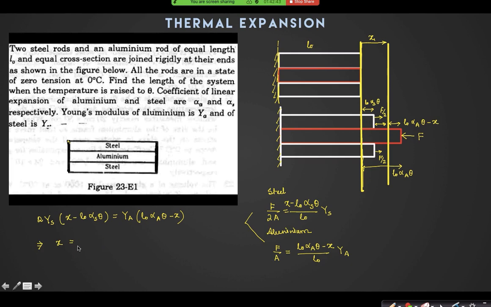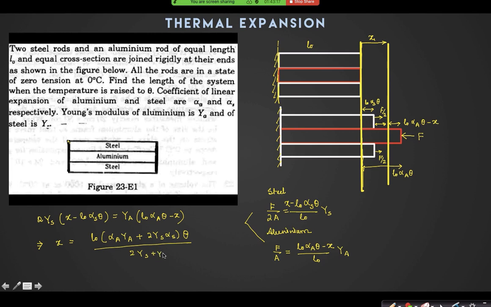Have you got anyone? The value of x? I think if I take x on this side, so 2Ys plus Ya will be there. And this will be L naught into theta into (alpha a Ya plus 2 into alpha s into Ys) divided by (2Ys plus Ya).